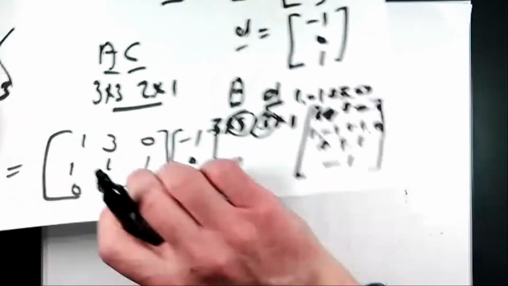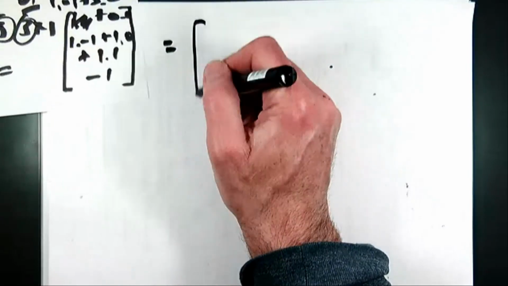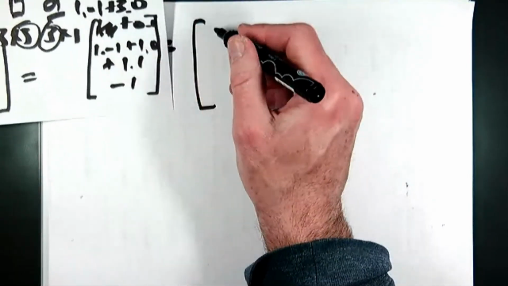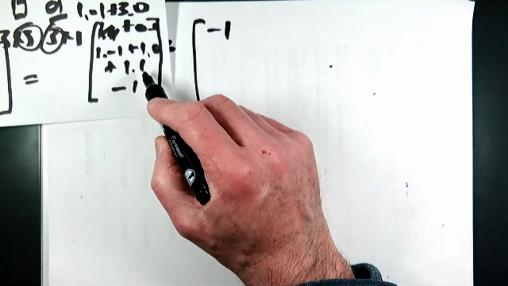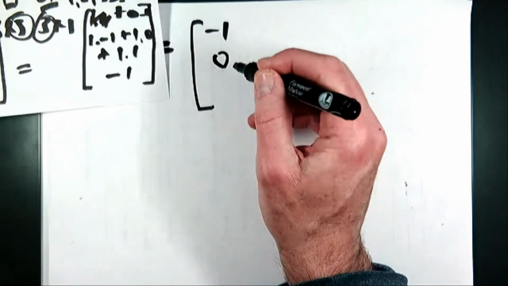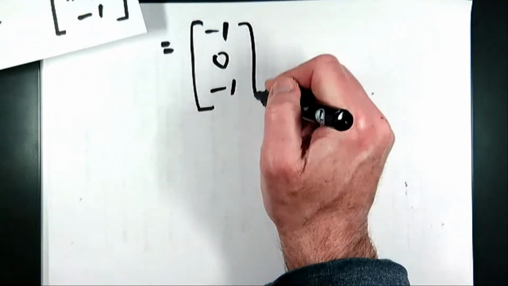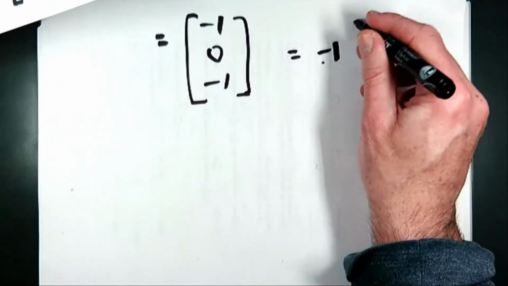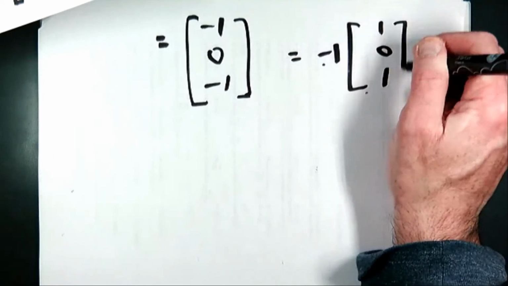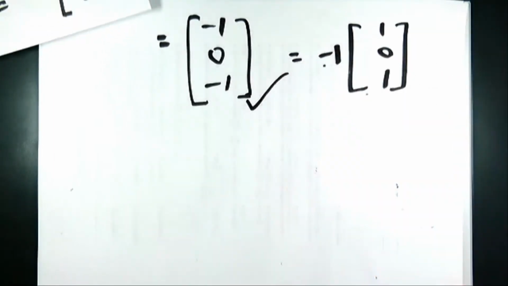What you get in the end is 1 by minus 1, so you get minus 1 here. You get minus 1 plus 1 here, which is 0. And the last one, you get minus 1. If you want to bring the minus outside, you can write this as minus 1 times 1, 0, 1, but this is fine.